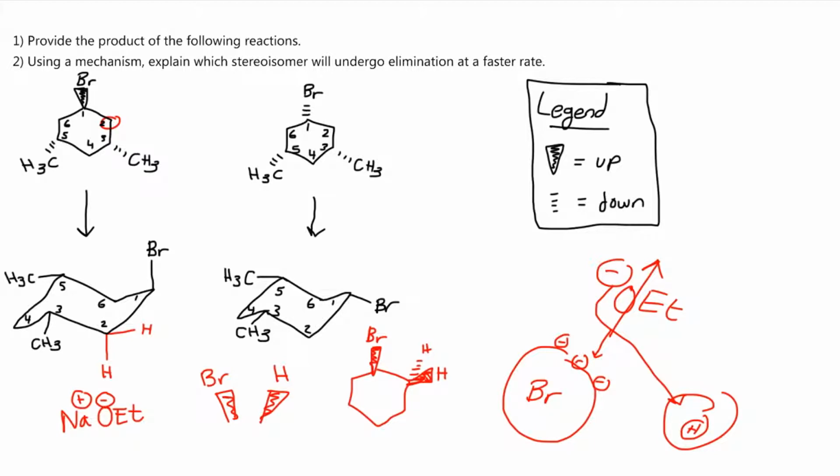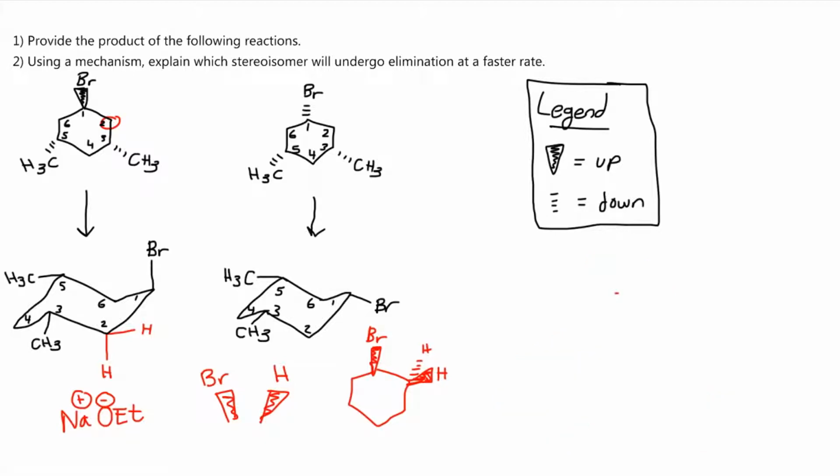Now let's go over what would happen with the other hydrogen that's on a dash. For this hydrogen, we would have bromine, the big atom, up here. However, the hydrogen is going to be all the way down here, and there's this large distance between them. And this distance is there because this hydrogen is on a dash and this bromine is on a wedge.